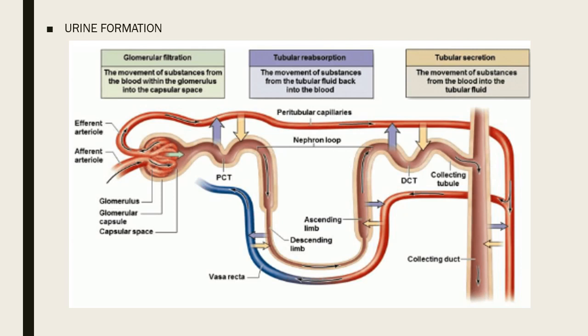Other than the net filtration pressure that favors filtration, the requirement for substances to be filtered out is that they are less than 70,000 daltons and have at least a negative or neutral charge to pass through your shield of negativity.